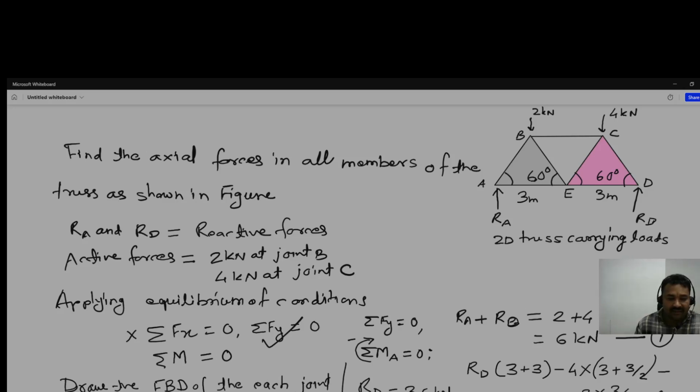so that we can get the forces in each member.